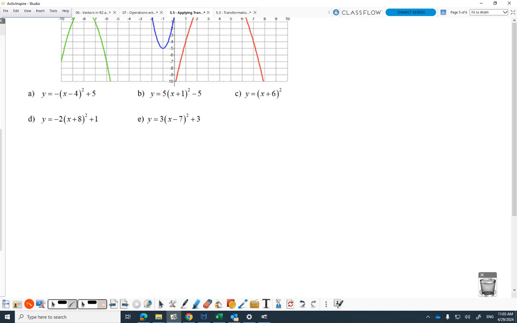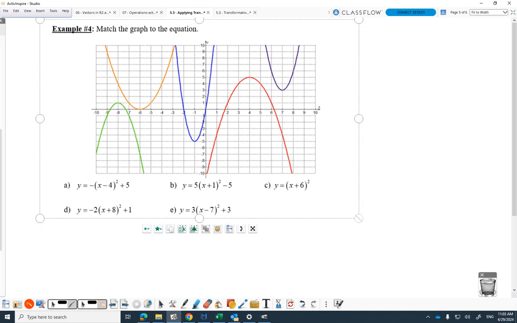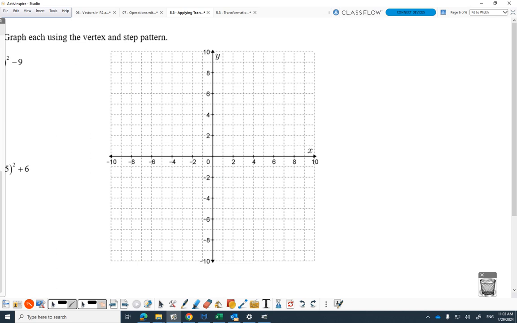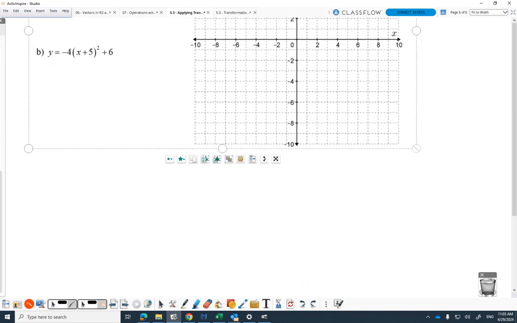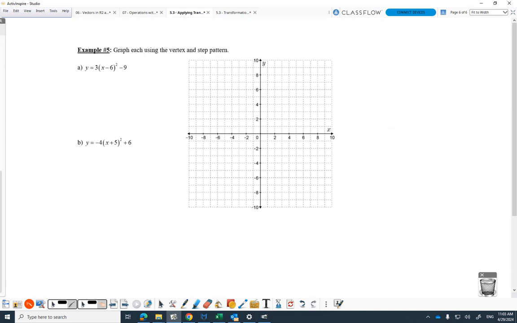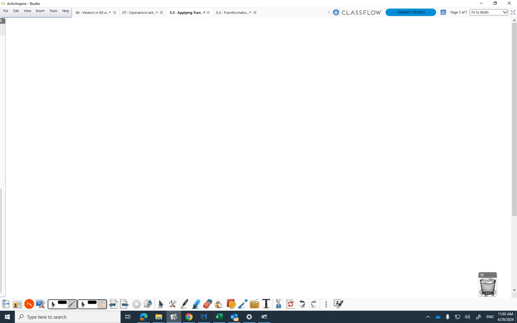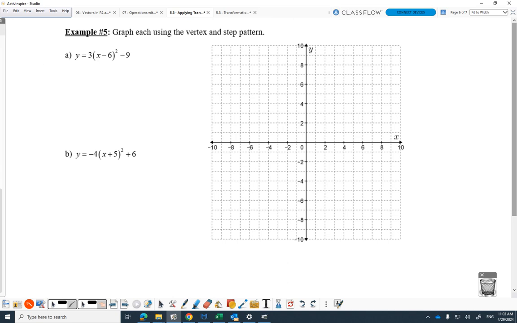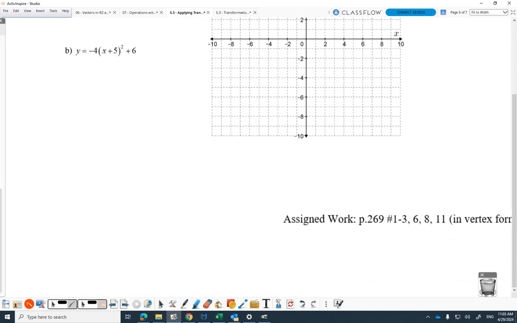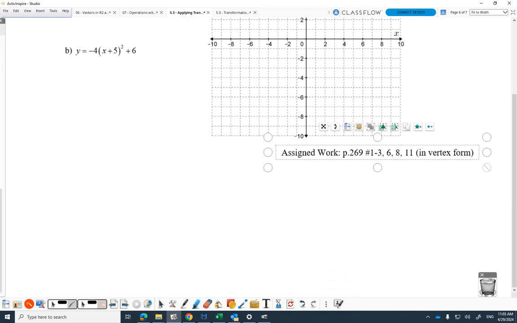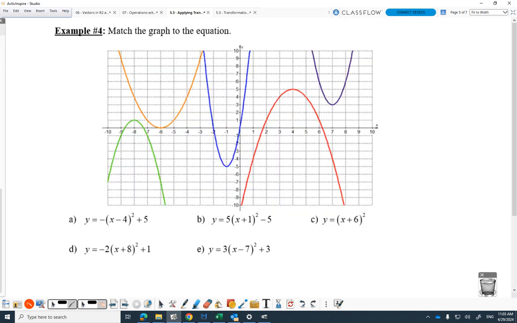So I'm going to fix those up in preparation. You try that one. Oh, match the graph. Well, that'll be fun. And some graphing. Where's the homework? Is it down there somewhere? Oh, there it is. Match the graph and then graphing. Now I fixed both those. Now I'm ready.